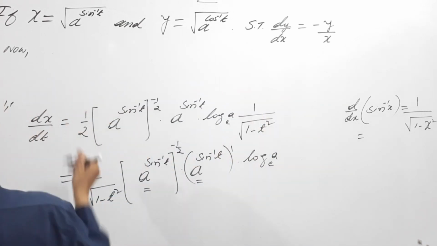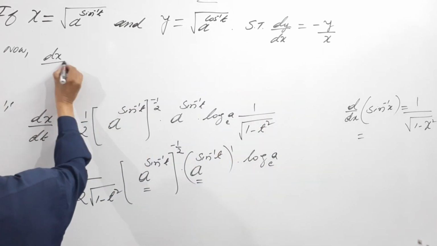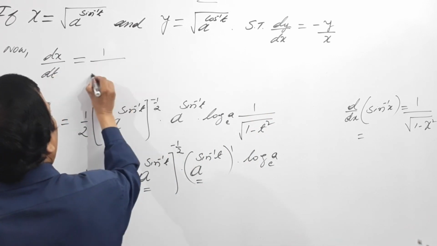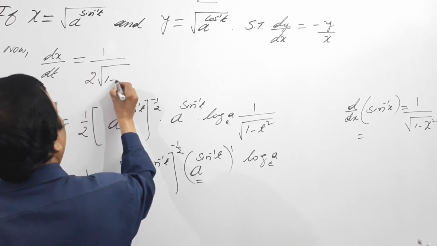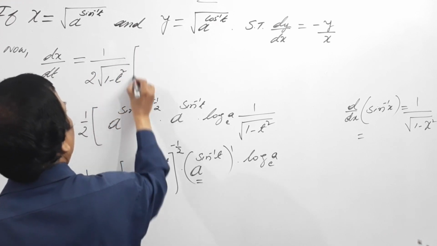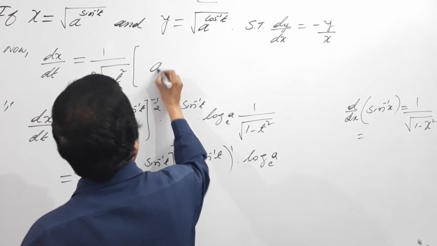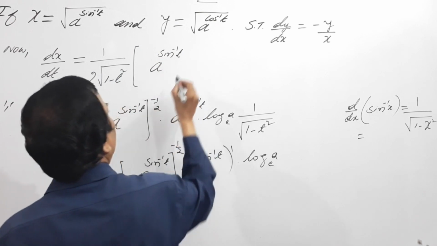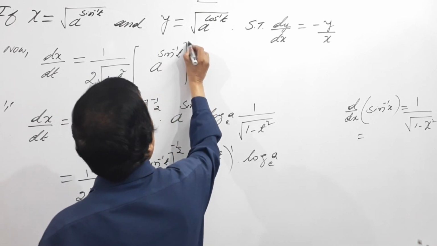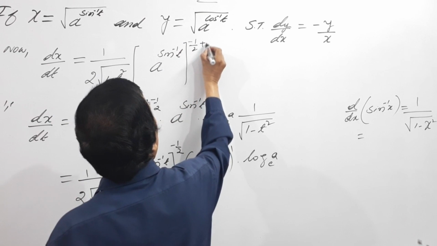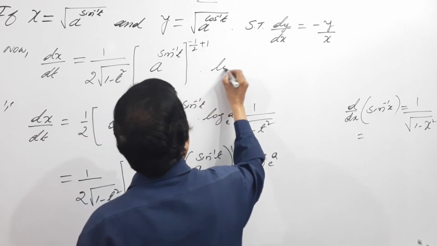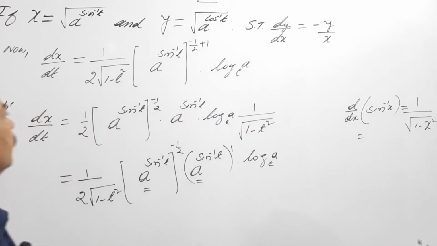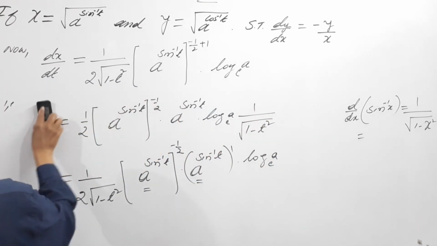So bases are same. So dx by dt equals to half into 1 minus t square. So what happens to this? A to the power of sin inverse t to the power of minus half plus 1 into log a to base c. I rub this.